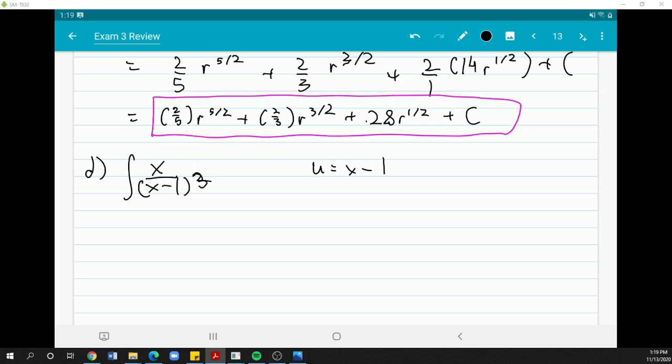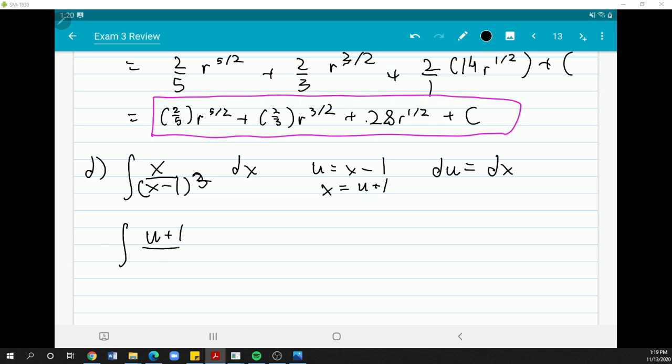Okay. So what's the major trick? Let u be equal to x minus 1. So then du is just equal to dx. So I get this is equal to the integral of, well, x is equal to u plus 1.